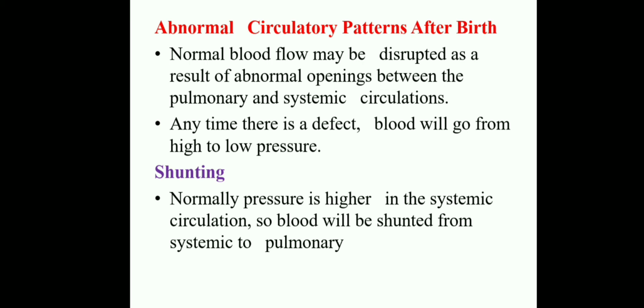Anytime there is a defect, blood will go from the high to low pressure. So here the shuntings will be there. The normal pressure is higher in the systemic circulation, so blood will be shunted from the systemic to pulmonary. So here the abnormal shuntings also is present.